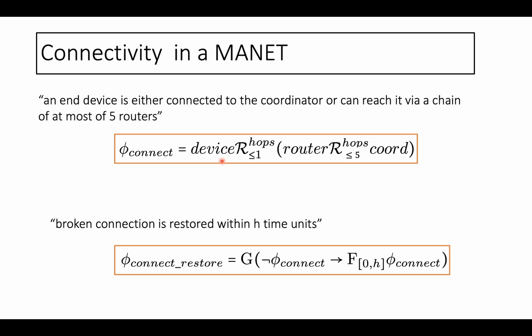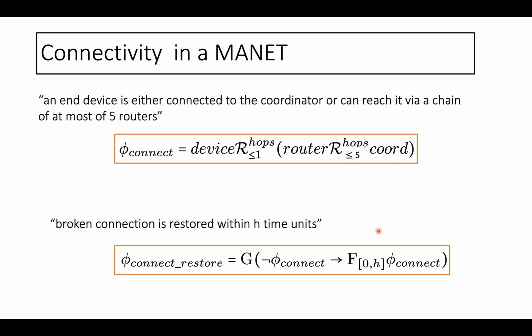So we want that the device is connected to a router that should be connected to a coordinator, or the device can be directly connected to the coordinator. This can be described by the free-connect property that specifies the property: device reaches in maximum 1 hop a location that satisfies this property, so that is a router, reaches in maximum 5 hops a coordinator.